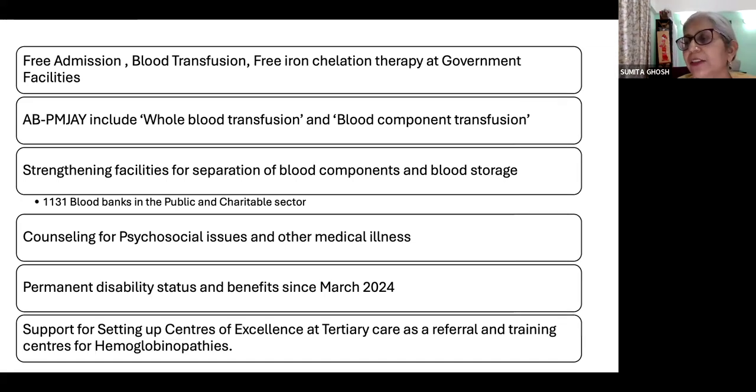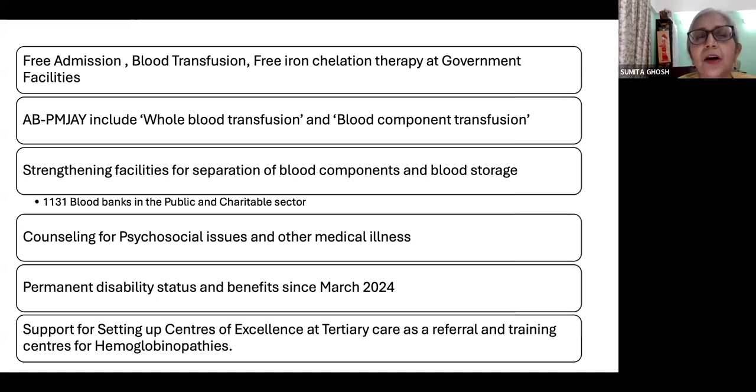The PMJY, Ayushman Bharat, the insurance scheme, has included whole blood transfusion as well as blood component transfusion free of cost to the eligible BPL categories.